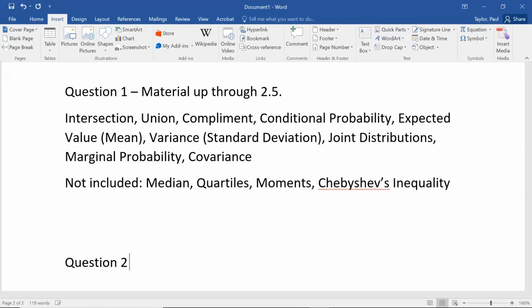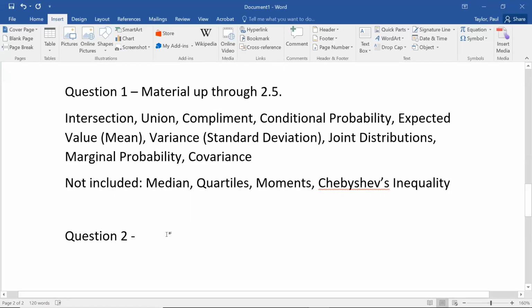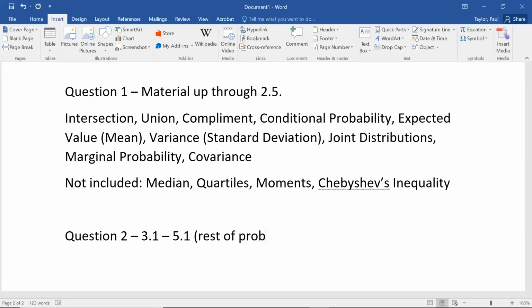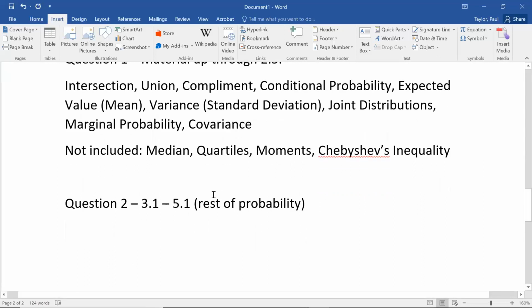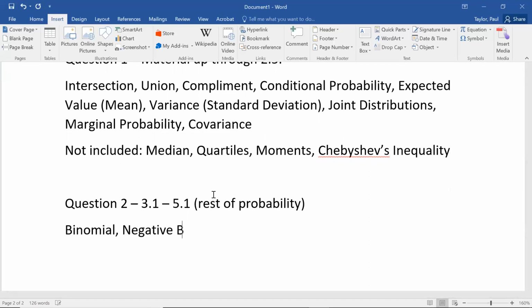Okay. So question 2. Question 2 is the other question where I'm going to ask about probability stuff. This is 3.1 up to 5.1, which is the rest of the probability part of the class before we transition to stats. This is all the distribution things: the binomial distribution, the negative binomial distribution, geometric distribution, basically all the distributions that we talked about.